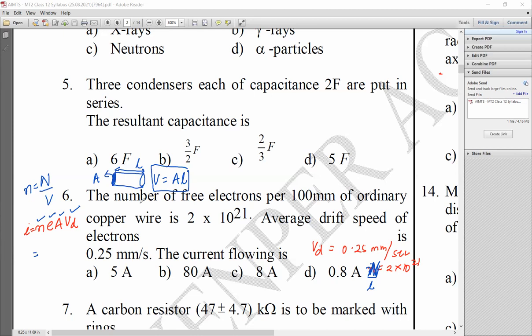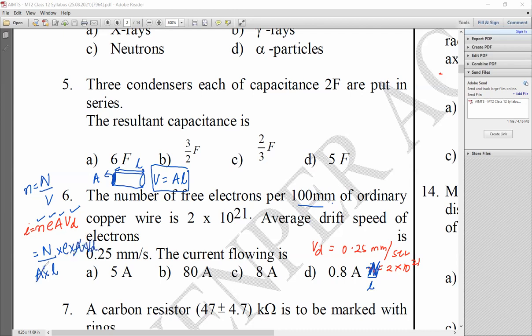So how shall I solve? Length is given. Let's say 100 millimeter. So I can write like this. The volume I can write is area into length. Into E into A into drift velocity.